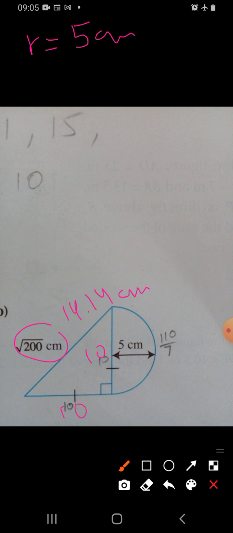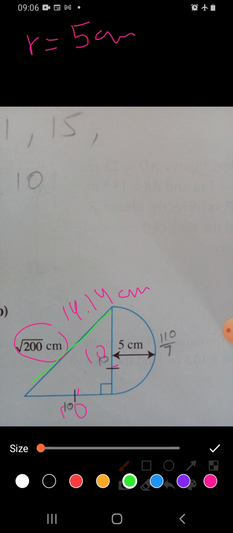The perimeter is simply the outer boundary. This length is in the boundary, this is in the boundary, and this part of the semicircle is in the boundary. We know this one is 14.14.